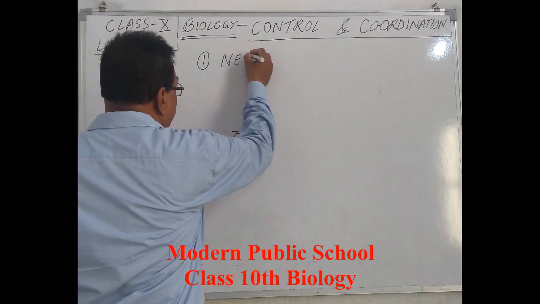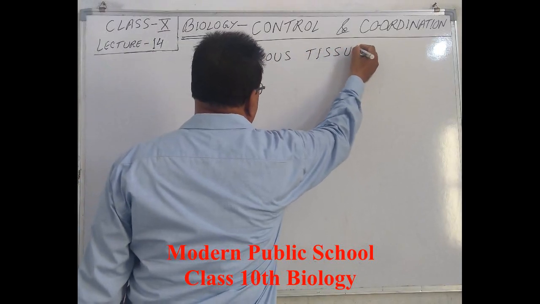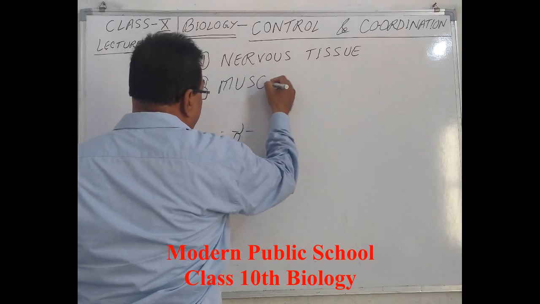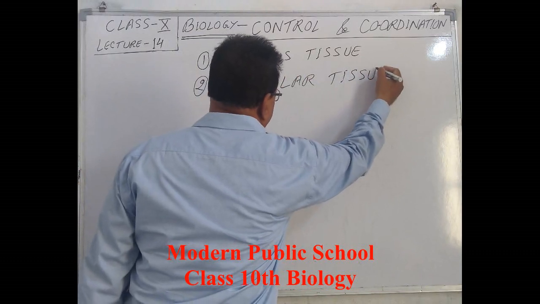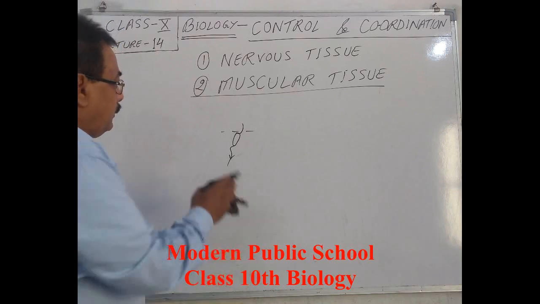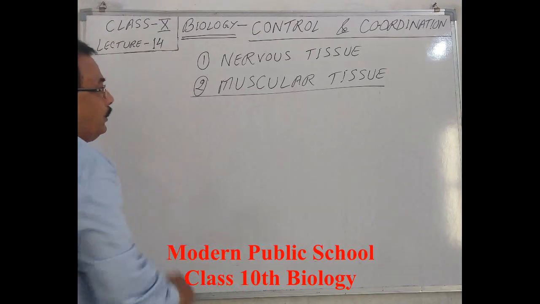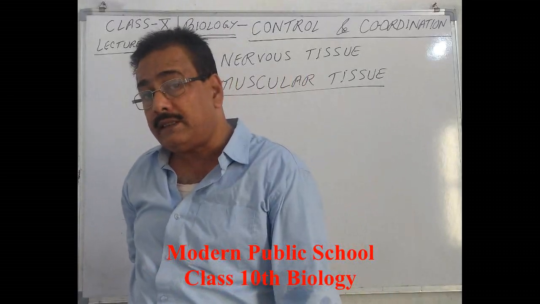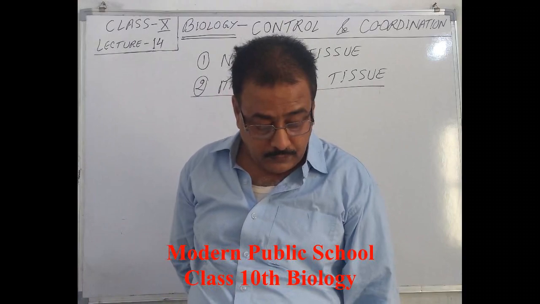One is nervous tissue and second is muscular tissue. These tissues are organized to conduct control and coordination. And in animals, such control and coordination are possible by nervous and muscular tissue.